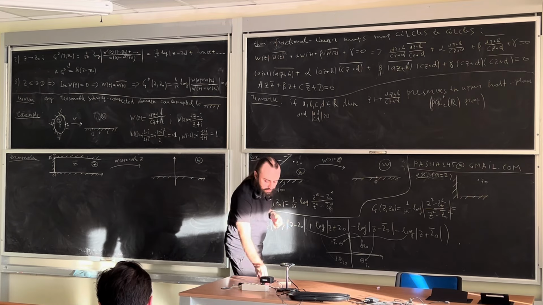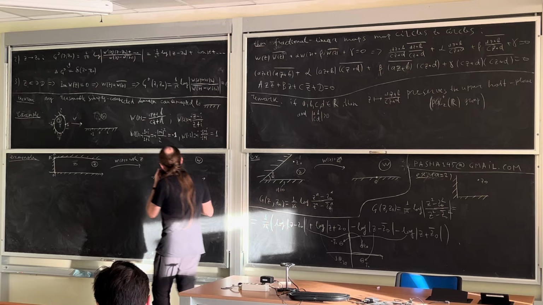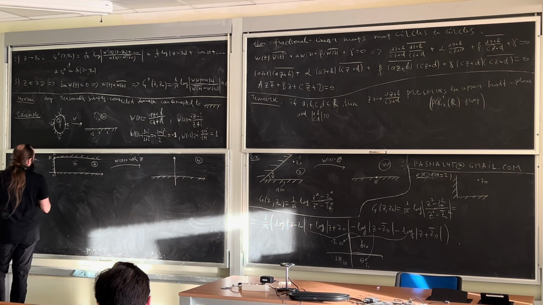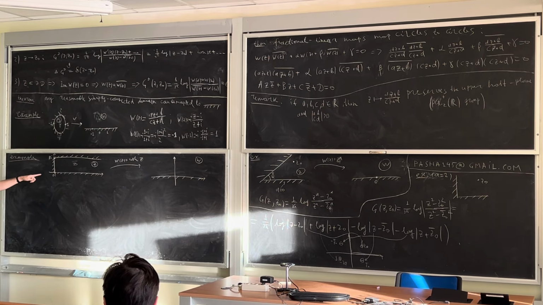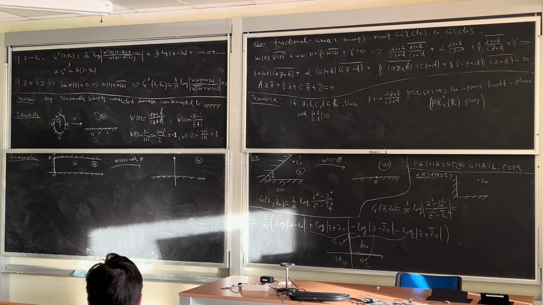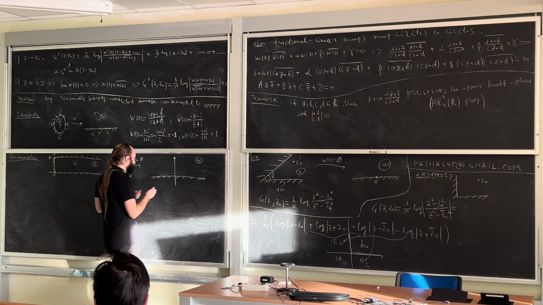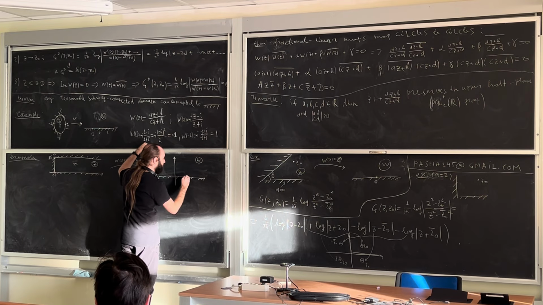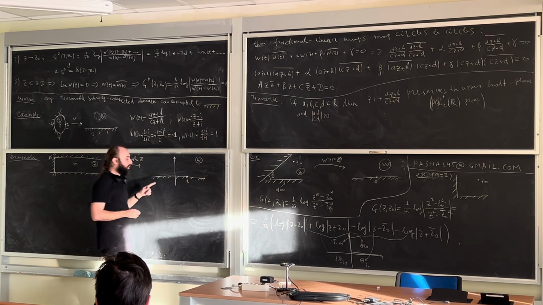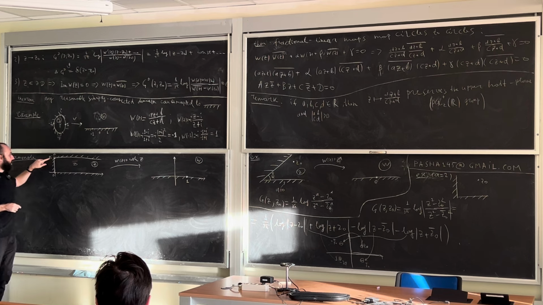So first, what is the image of point 0? And what is the image of this point, pi i?